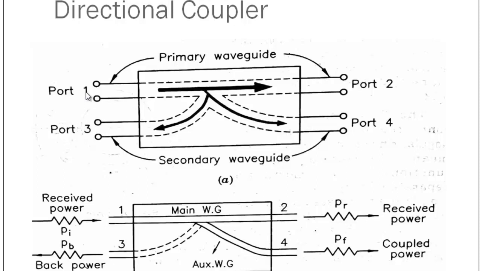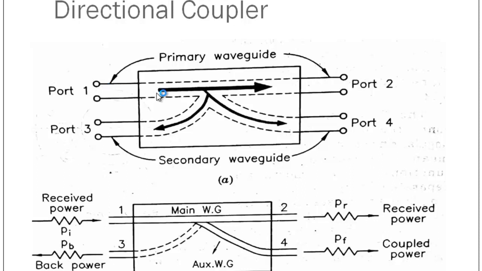So port number 1 and port number 3 are isolated ports, because when we input power at port number 3, no power will come out at port number 1. In this case, the power coming out at port number 1 is known as back power.